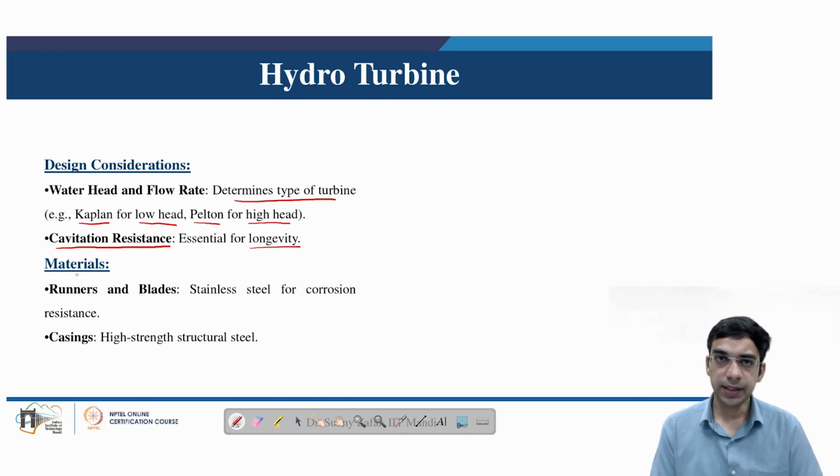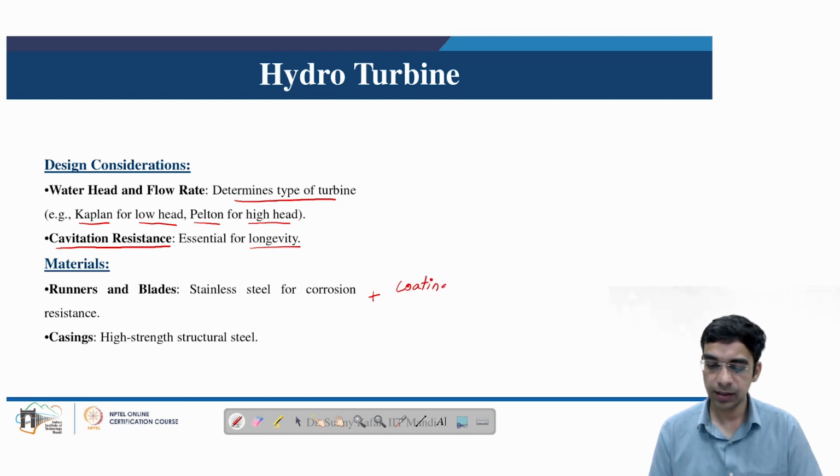And the materials that go into making the runners and blades are essentially stainless steel for enhanced corrosion resistance. Not only are stainless steels used, on top of it we may also use some coatings.